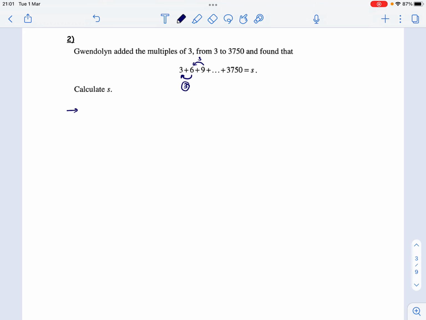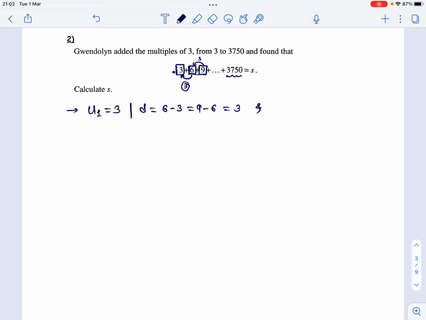First write down what contents are given. u1 is equal to 3. Difference is 6 minus 3, which is equal to 9 minus 6, also equal to 3. Now I know the first term is 3, second term is 6, third term is 9, but I don't know which number of term is 3750.